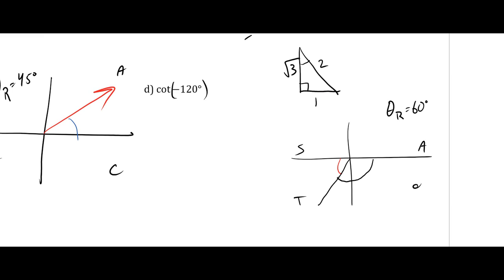And so the reciprocal of that is 1 over root 3. And it's positive. So cotangent of negative 120 is positive 1 over root 3.